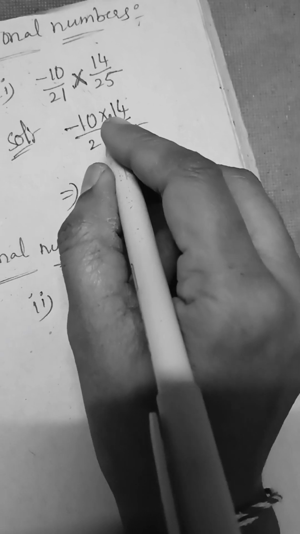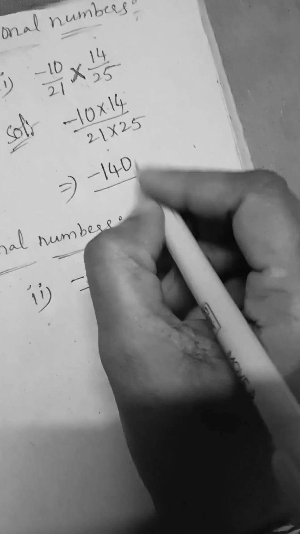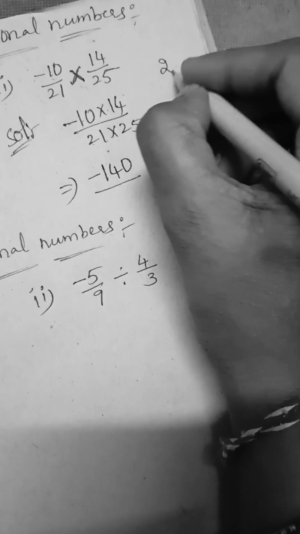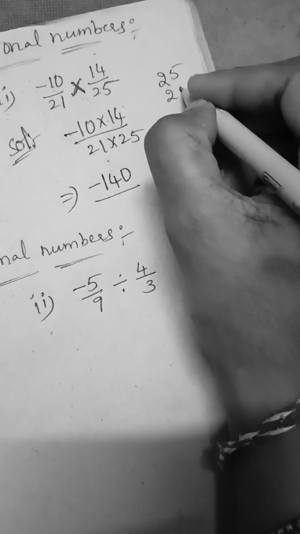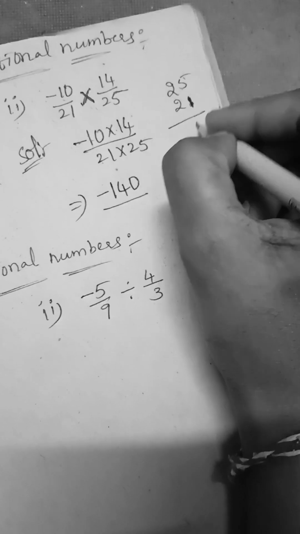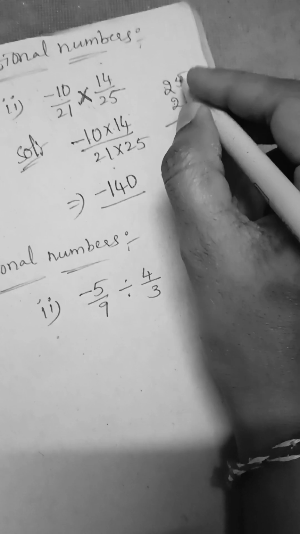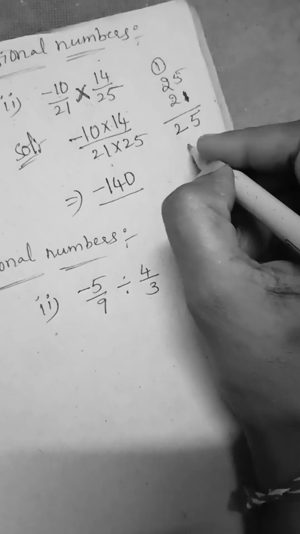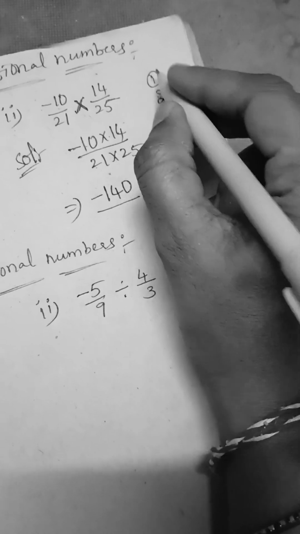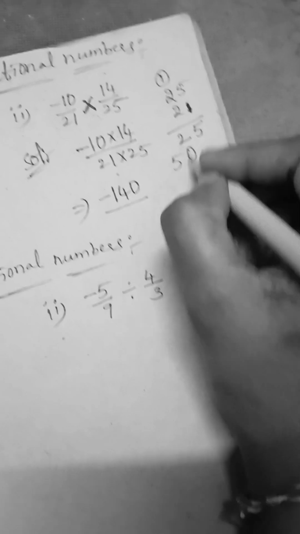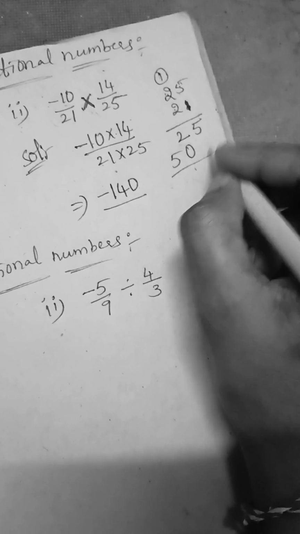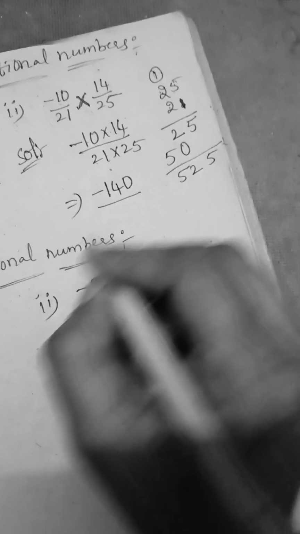Here minus into plus, minus. Now 25 into 21. 5 ones are 5, 1 2s are 2, 2 5s are 10, means 1 carry 0, 2 2s are 4, plus 1, 5. That is the answer, 525.